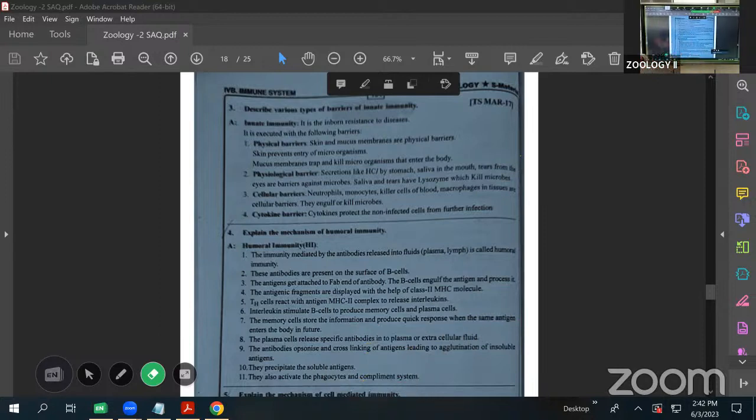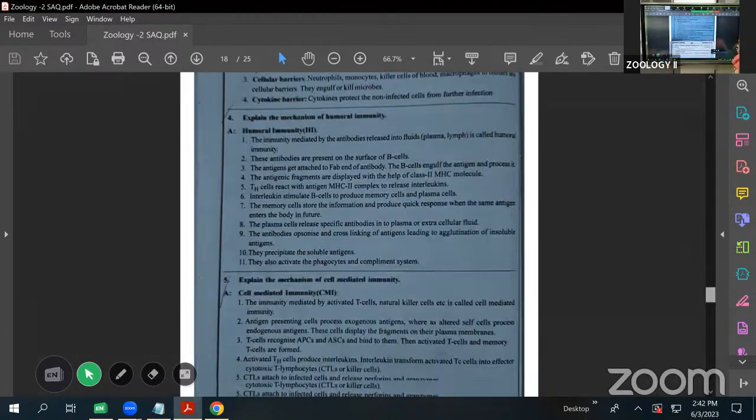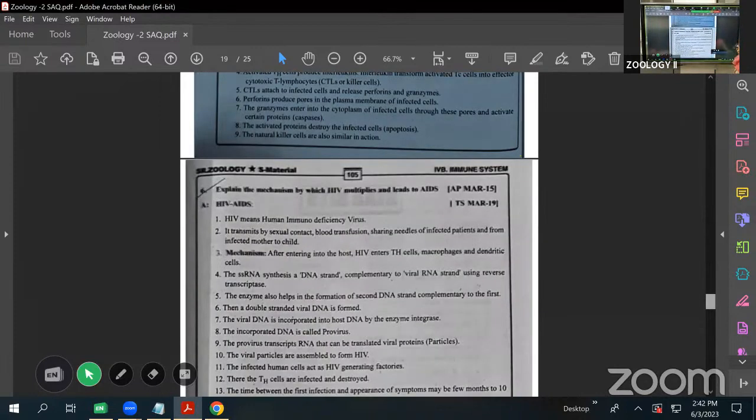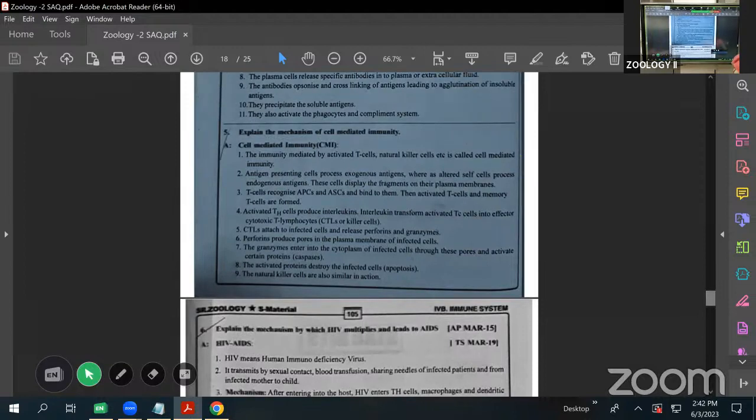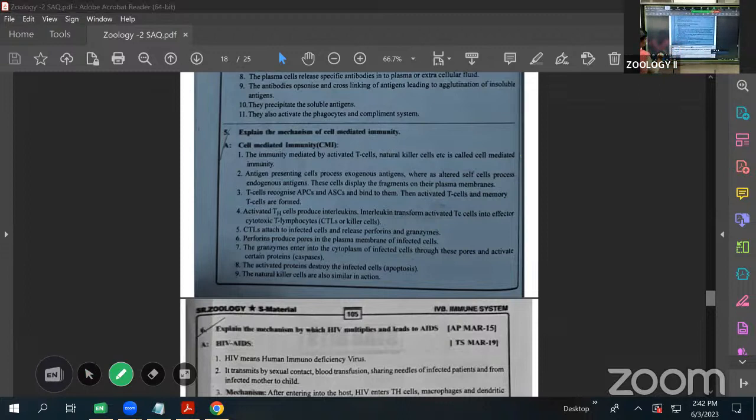Next, the second type of immunity. Next is the cell-mediated immunity, also called cytotoxic immunity.